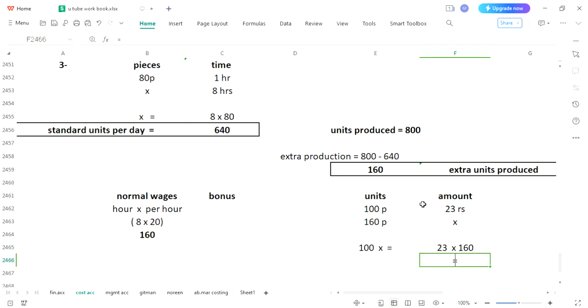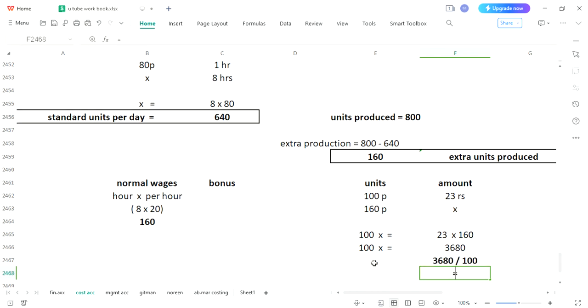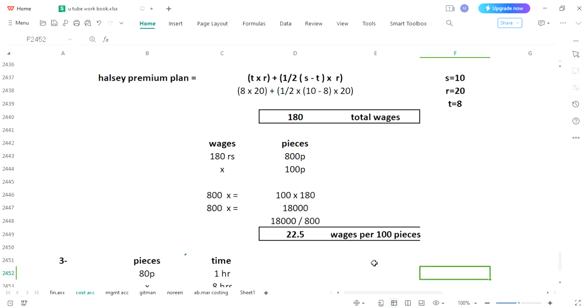Now here we can calculate 23 multiplied with 160. 3680 is already present on the right side, and we want to take this 100 to the opposite side. X is being multiplied with 100; when you take it to the opposite side, it would be divided. So the calculation can be made now: 3680 divided by 100. We have got 36.